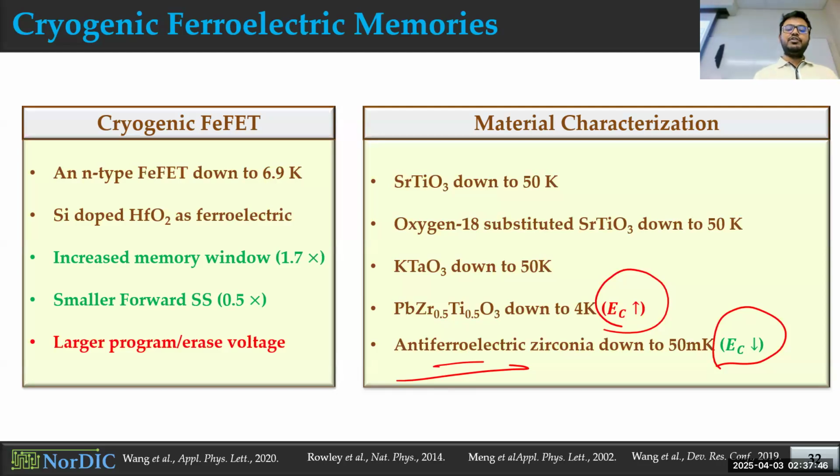But for most of the ferroelectric materials, their coercive voltage actually increases. That means you will have to apply a higher voltage for the write operation here. That's already a challenge at room temperature, because for ferroelectrics you have to apply 2, 3, 4, even 5 volts for the write operation. And if that gets worse at cryogenic temperature, there will be a huge challenge there.